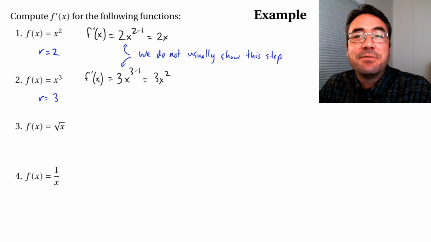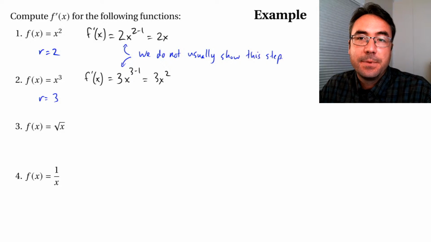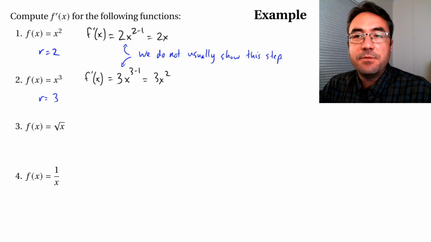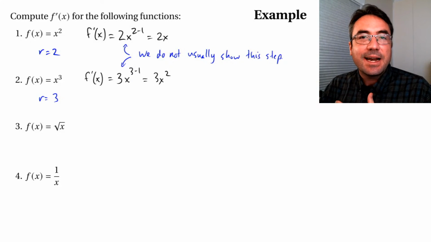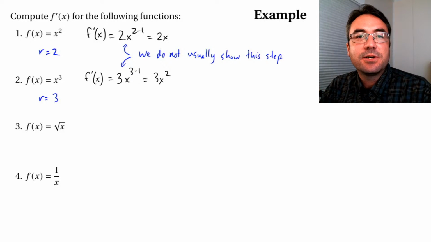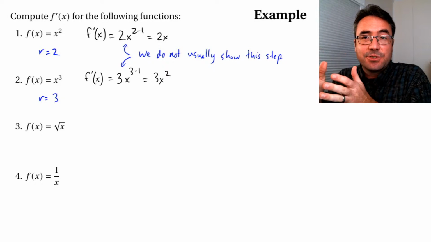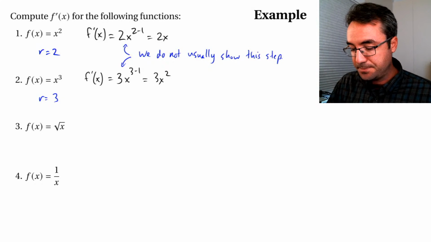But once we get the hang of this, that step we normally leave out. You just do it in your head. But, you know, as you're getting used to using this, if you want to show that step, that's perfectly fine. And if the exponent is kind of complicated, sometimes it doesn't hurt to show that step as well. You know, but once we get going on these, for a lot of these functions, you're going to have the function, and then you're just going to write down the derivative. So there's not going to be too much work to show on some of these.